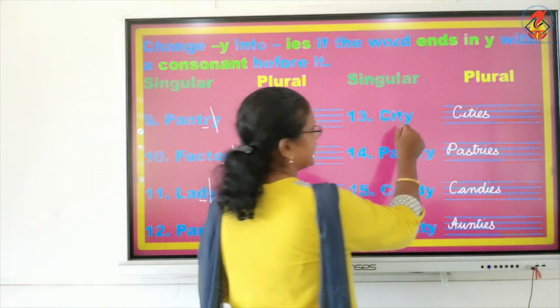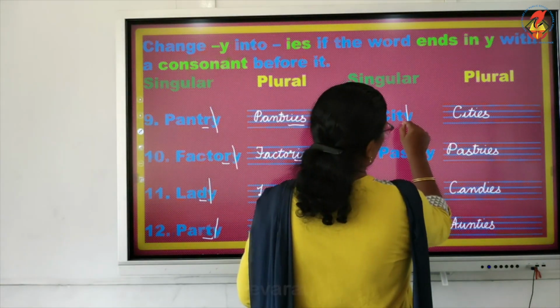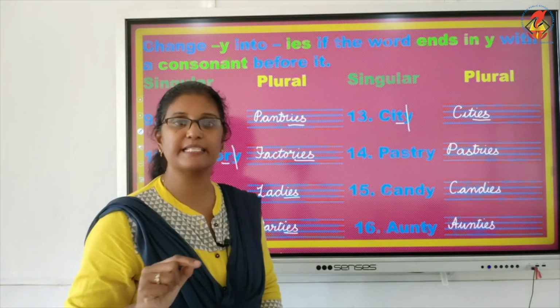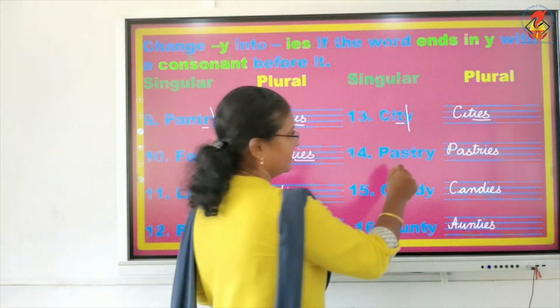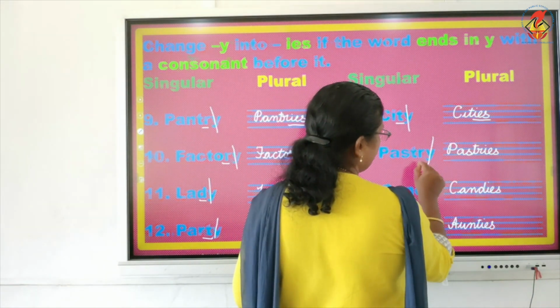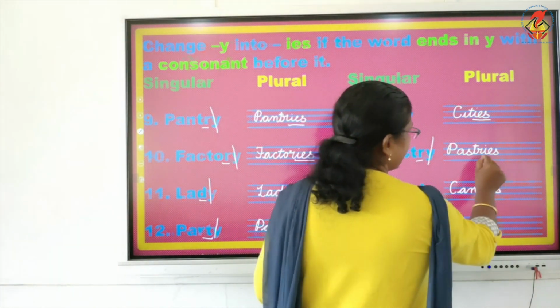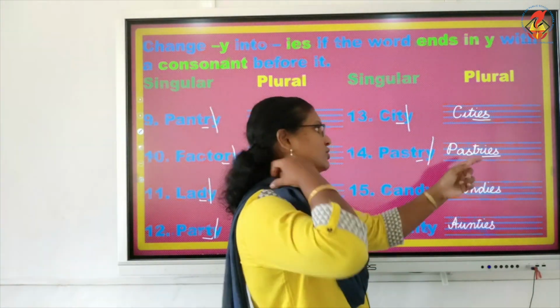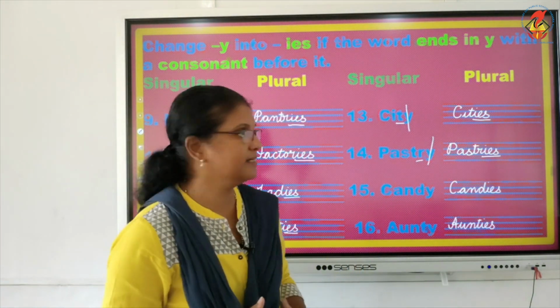So now city ending with Y and the consonant, so you have written city has become cities. Pastry also Y you will cut because there is R, that is a consonant before it, you will write pastries.